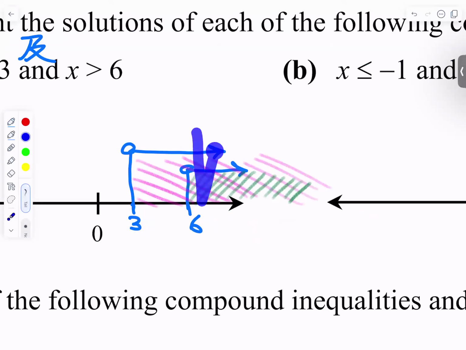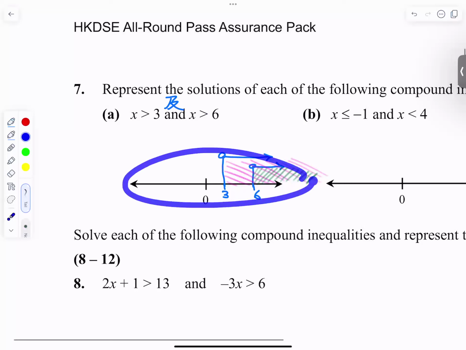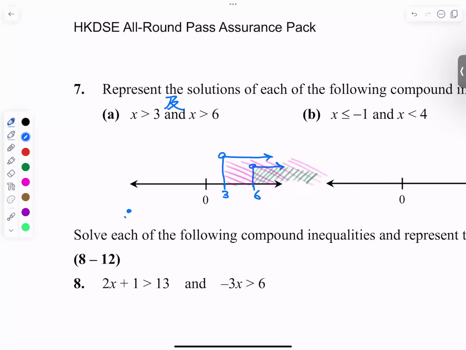But starting from this point 6, I have both of these solutions. So that's why after drawing, we will have our final answer, x greater than 6. And that's what you get the marks for, 3 marks: the first answer, second answer, and the third answer.